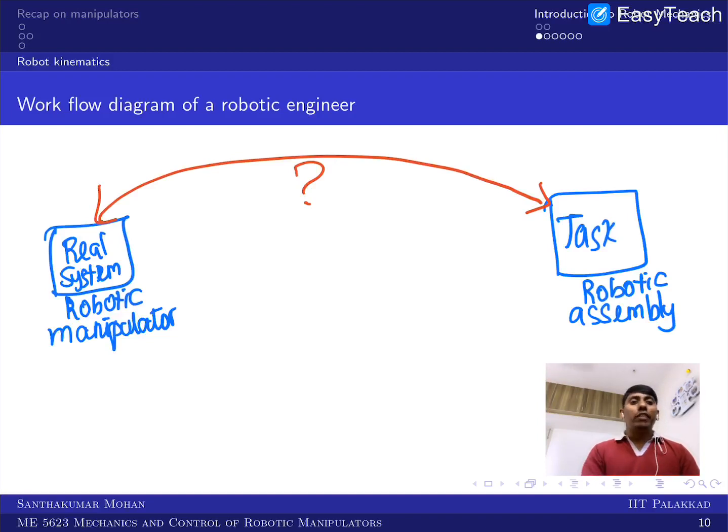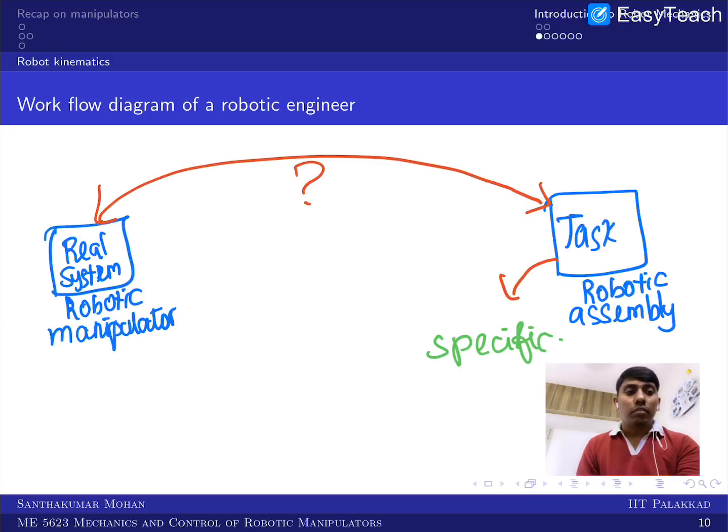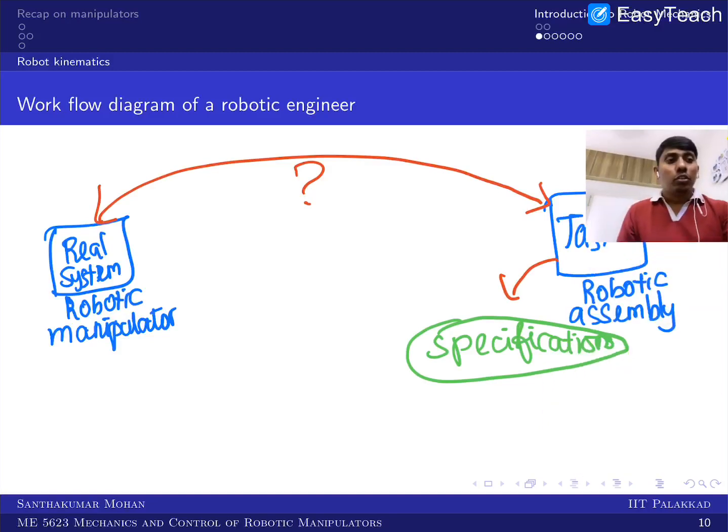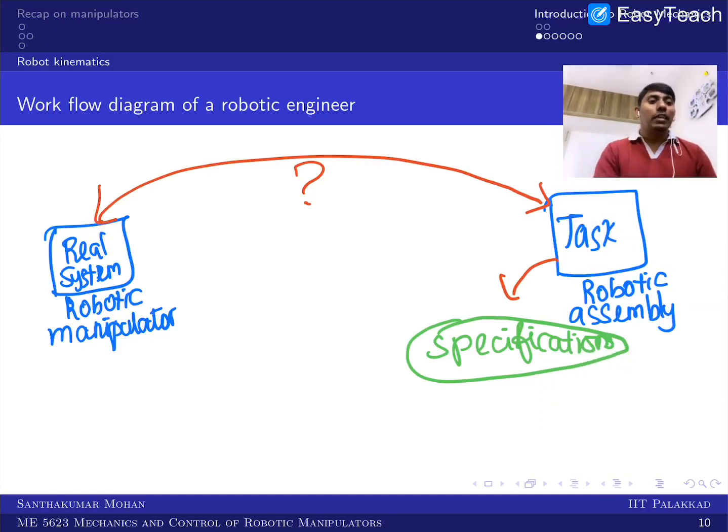Then what the engineer will do is reform this and come back with one another aspect called specifications. So he will refine the user input into a specification mode. In that sense, the detailed technical specification would be obtained based on the user input.